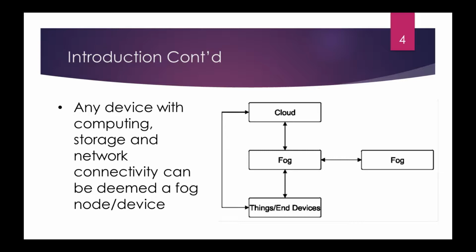It can be seen that the fog device is between the end device and the cloud. Sometimes it performs operations on behalf of the cloud system. It can also solicit services from other fog devices.